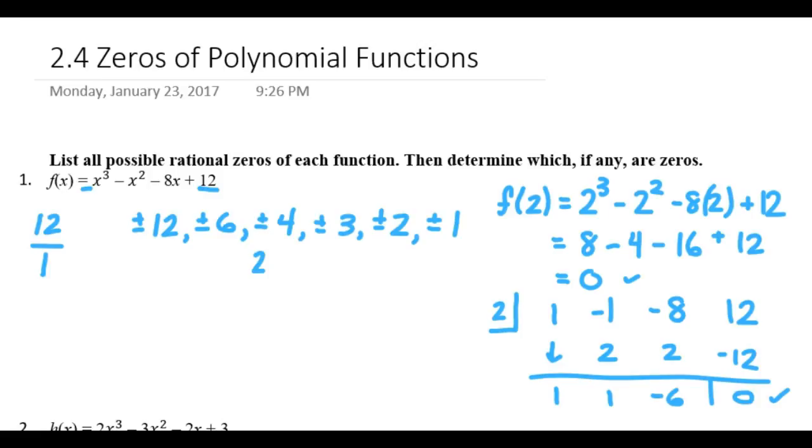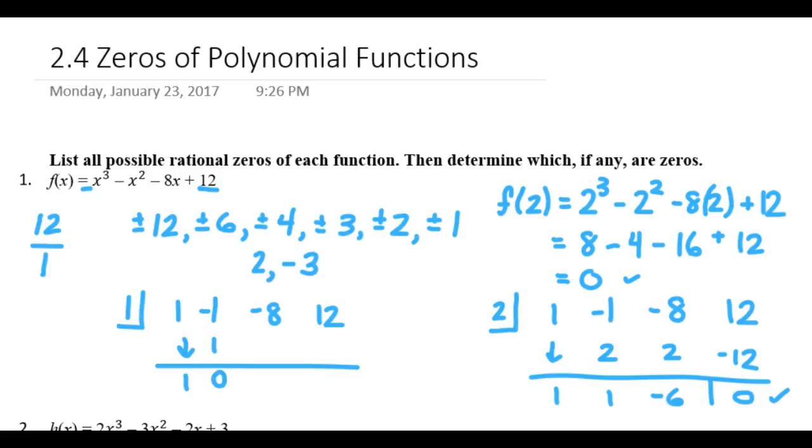The other actual 0, and to save you some time, I'm just going to tell you it's negative 3. If you want to verify a different number here, let's just take a look at 1. If I were to put 1 in this box to see if it was a 0, I get 0 here, 0, negative 8.